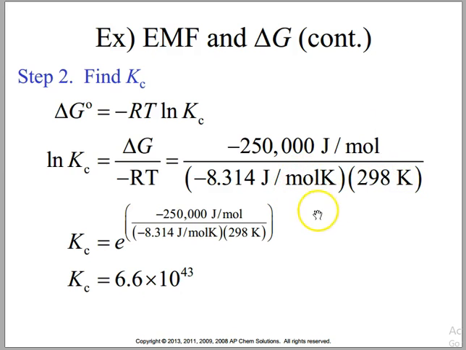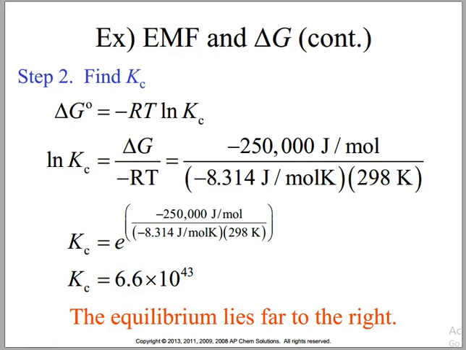We're using Kelvin here because those are the standard state, and we can rearrange very, very carefully and solve for the equilibrium constant. So ask yourself, does this equilibrium lie far to the left or far to the right? You nailed it. It lies very far to the right.